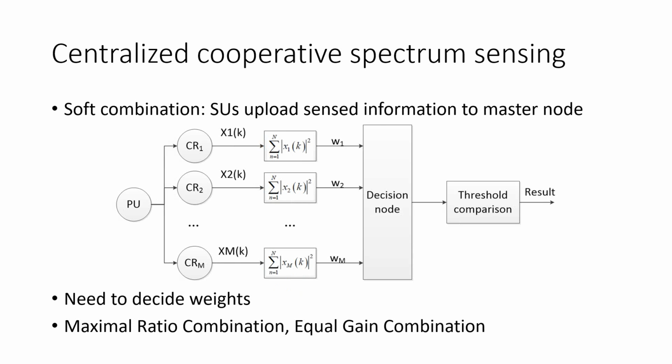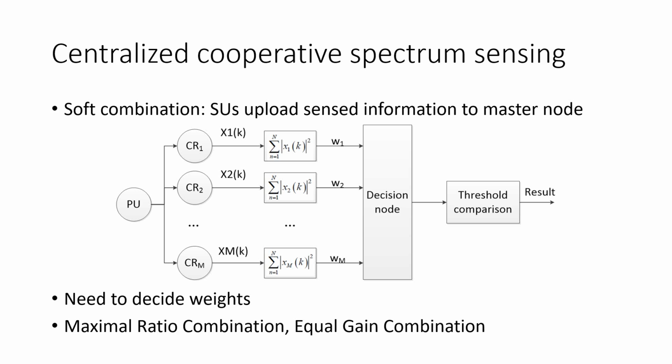And in soft combination, the secondary users will upload their sensed information to the master node. Here, we need to decide a weight for each secondary user, and we will introduce two methods to decide the weights.